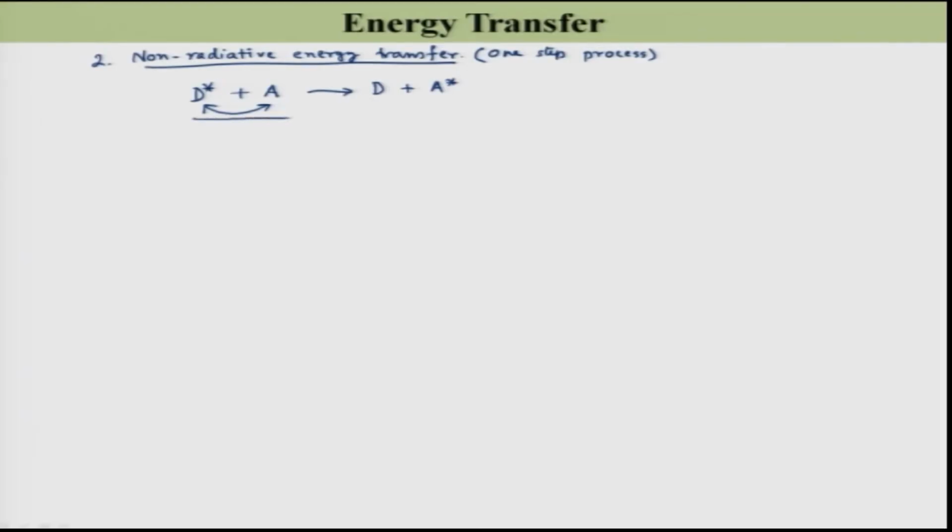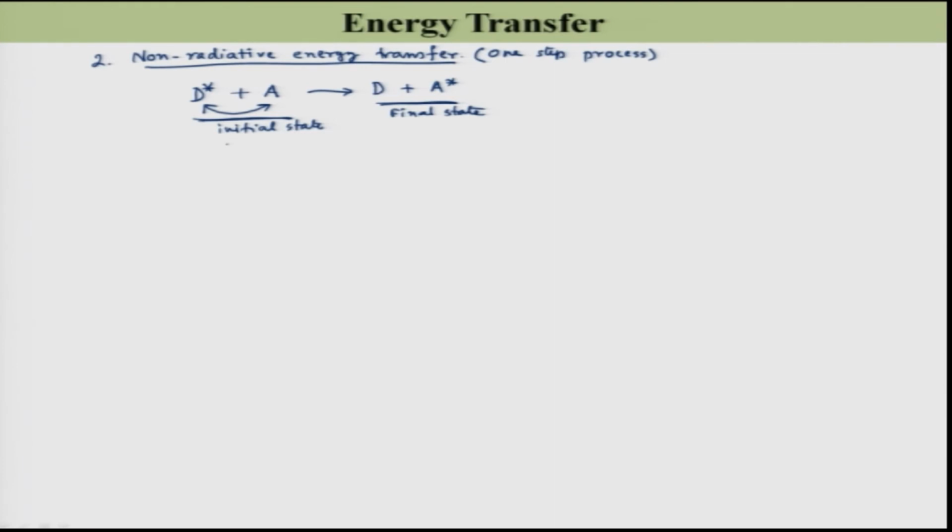If I now describe this situation, D star and A is my initial state and D plus A star is my final state. This transformation from initial to final must be accompanied with some perturbation, and that is the interaction between the donor and the acceptor.